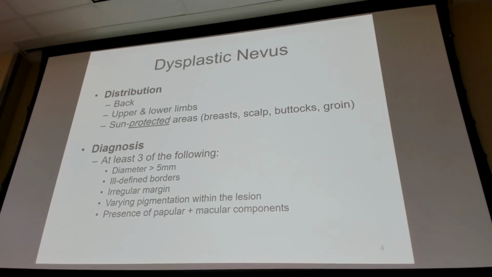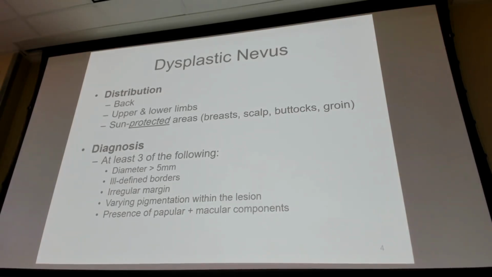Distribution wise, it can be in those sun exposed areas like the back and the upper and lower limbs, but it can also be in sun protected areas, right? So breast, scalp, buttocks, groin. Diagnosis wise, we need to be able to see 3 of these ABCDE things, right?